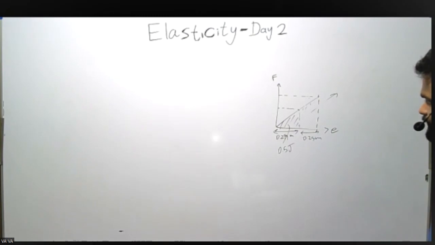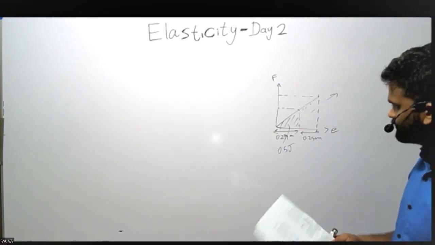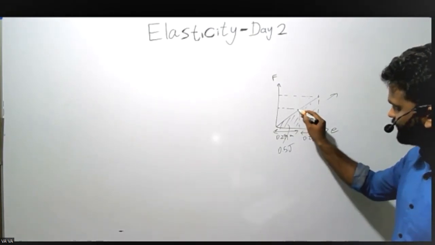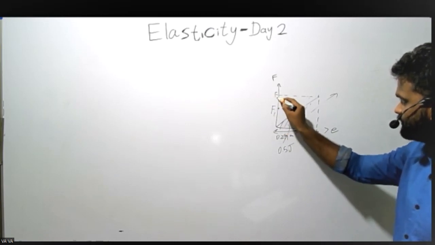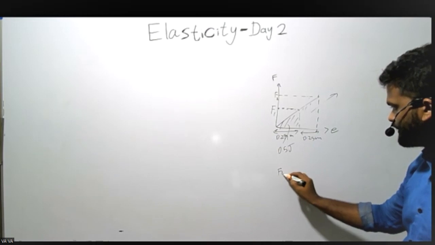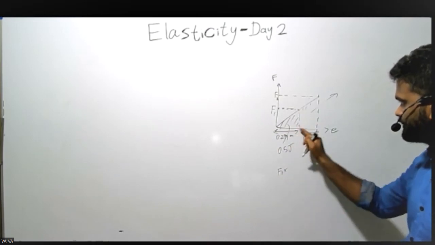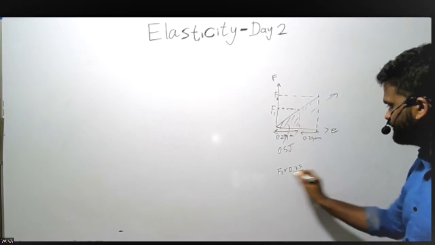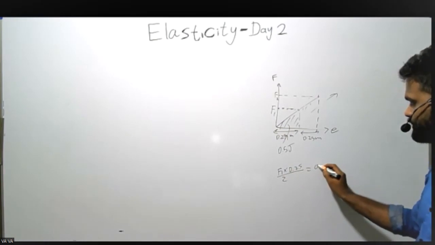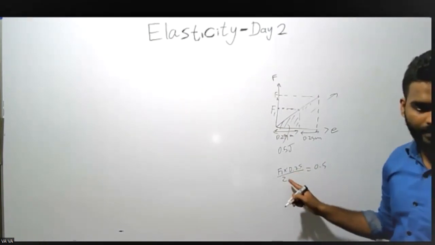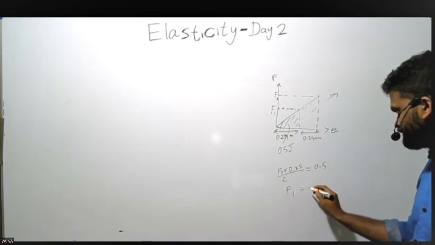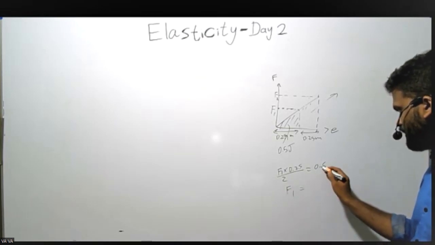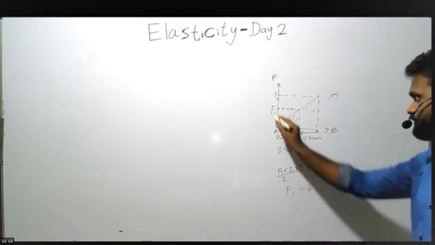Okay, let's see. I'll just apply the equation here, then find F here. Let's say F1. F1 times 0.25 divided by 2 is equal to 0.5 joules. So from that you can find F1. F1 is 4 Newton.